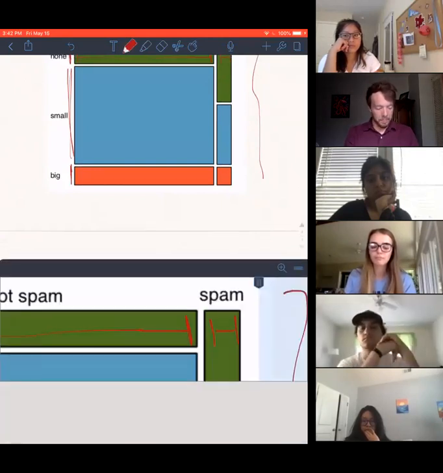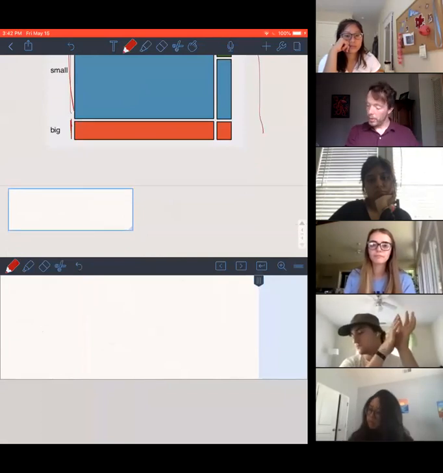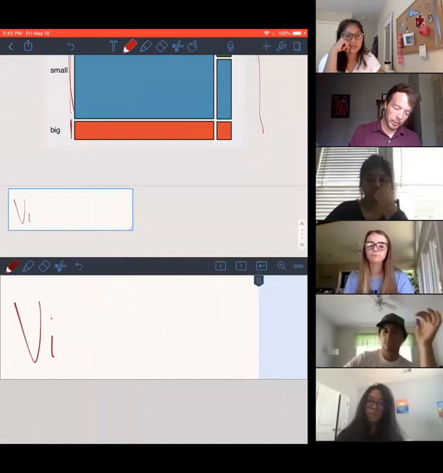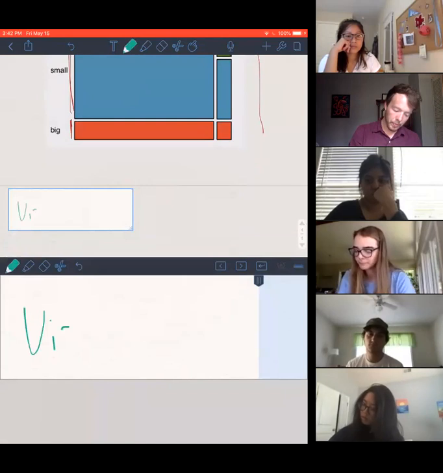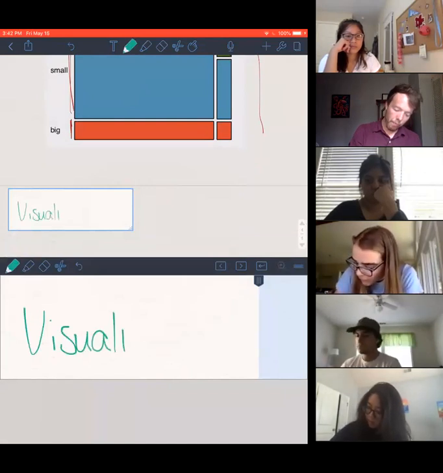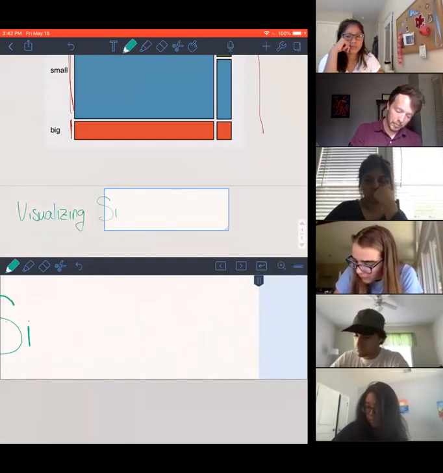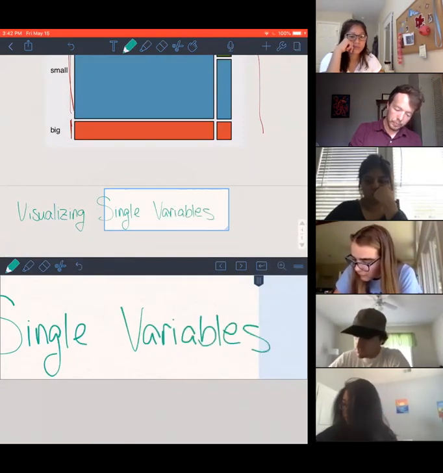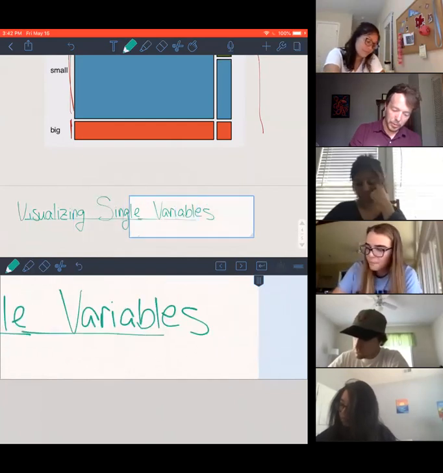So those are looking at the relationships between two variables. The last thing I want to go over today is visualizing single variables. Oh, okay, so I want to go back to my code color. Wow, I made this header so big.